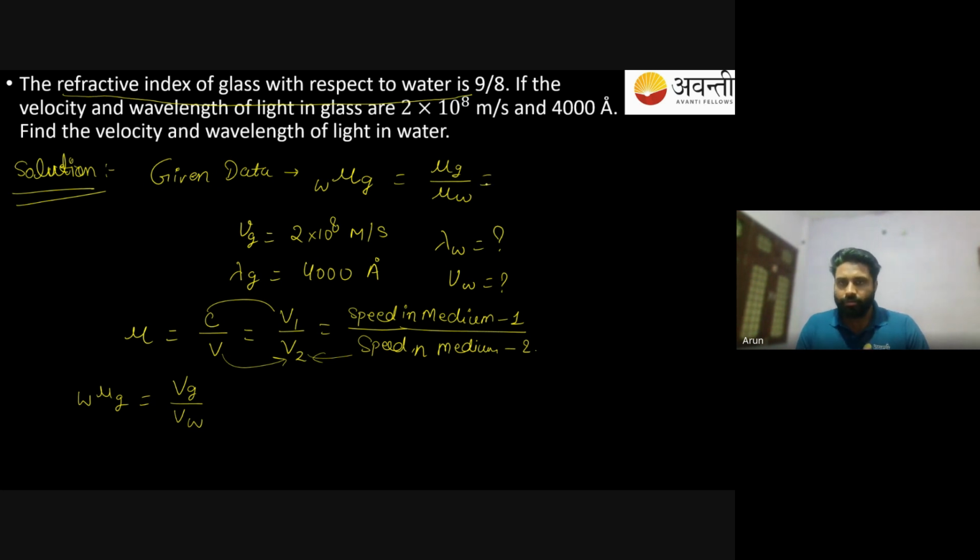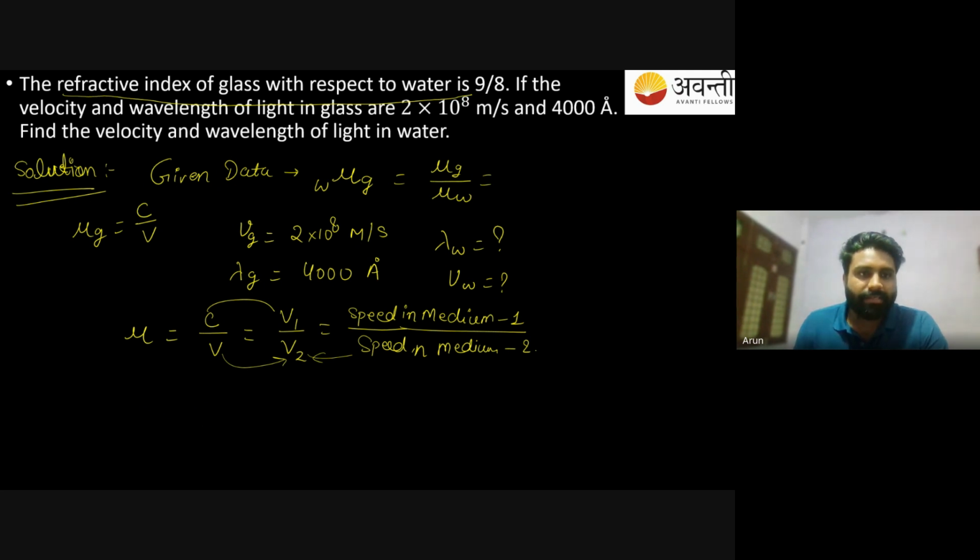So you can also write it here as, because mu g is nothing but the speed of light divided by the speed of light in glass. So for mu g we have this. For mu w you can write c by v w.